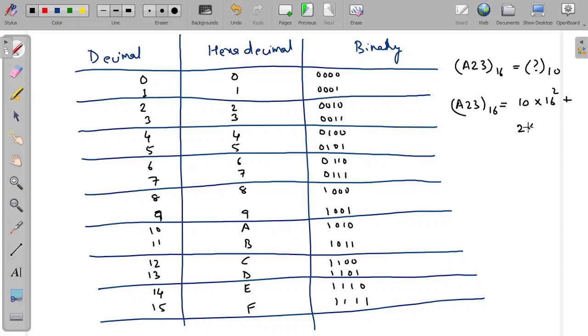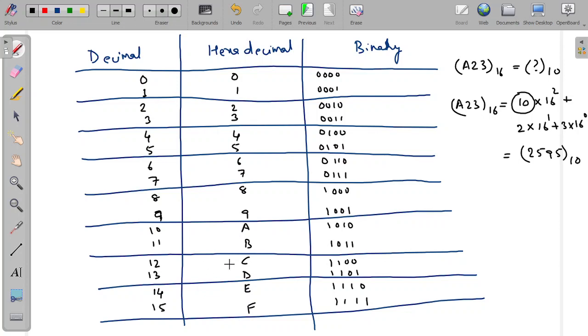Next is 2, the weightage is 16 to the power 1. Next is 3, the weightage is 16 to the power 0. So it becomes 2595 in decimal. So you will write the corresponding alphabets if they come, and for calculation you will use the face value of that particular alphabet. For example, A is equal to 10. Similarly, D is equal to 13, and so on.